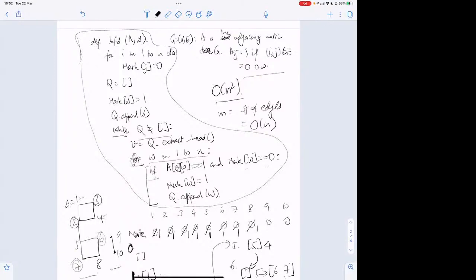Order n edges are there. So there are on an average just constantly many edges incident on a vertex.